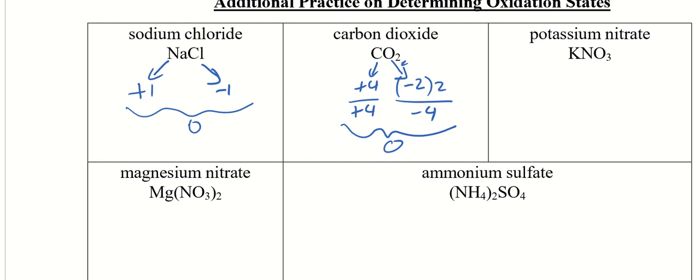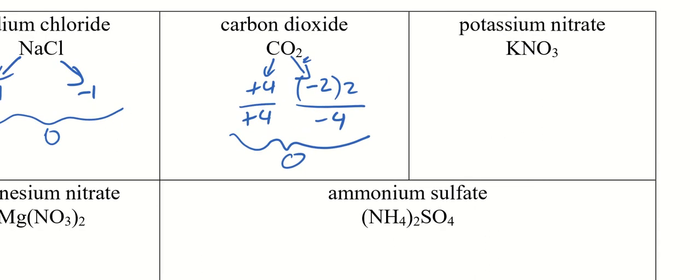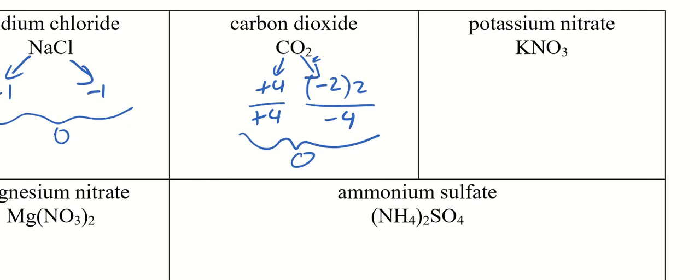Okay. Now, potassium nitrate, let's take a look. Which element do we assign first? There's 3: potassium, nitrogen, oxygen. So let's do potassium, because potassium, group 1, rarely changes its oxidation state. It would have an oxidation state of +1. Next, we would assign oxygen, typically -2, but there's 3 oxygens here, so we multiply by 3, giving us -6.